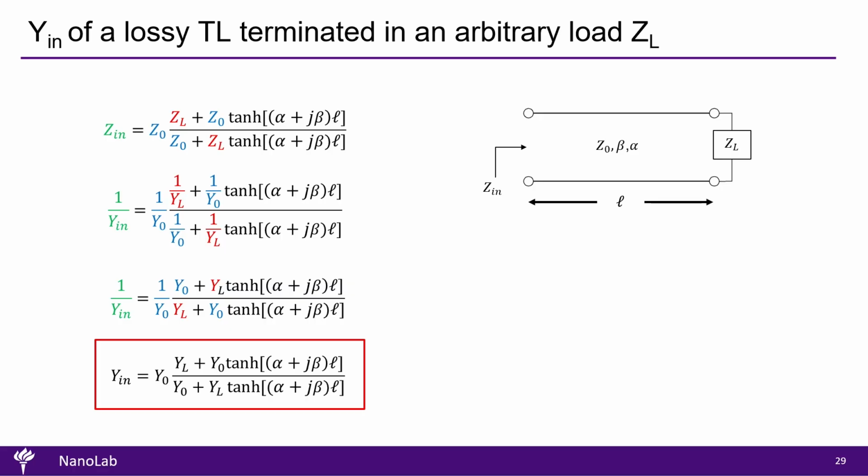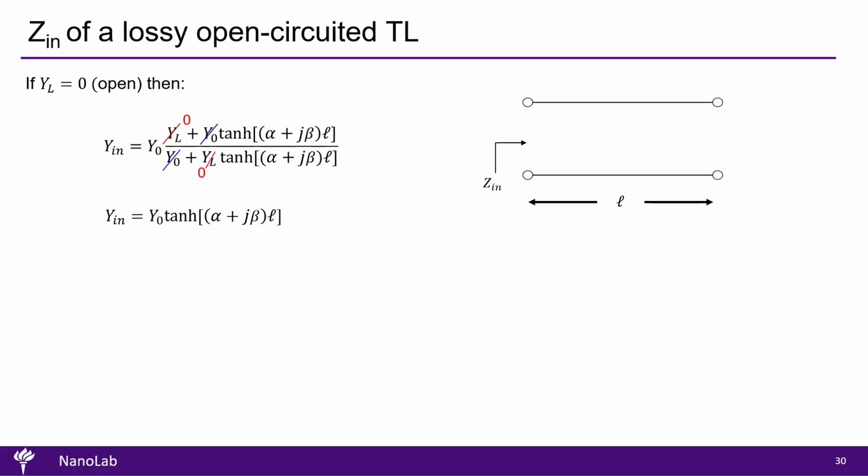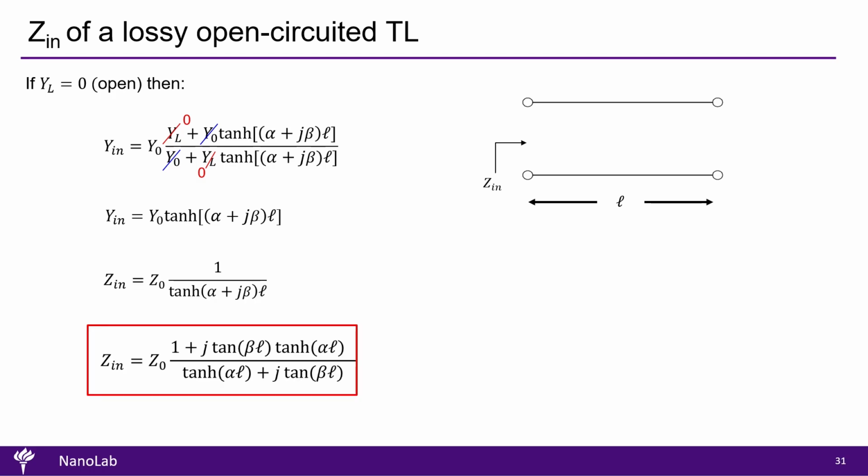An open circuit means that YL equals 0, so the input admittance expression reduces to this single line. Then, we return to the input impedance and apply the hyperbolic tangent of a sum identity to obtain the expression for the input impedance of an open-circuited transmission line, shown in the red rectangle.